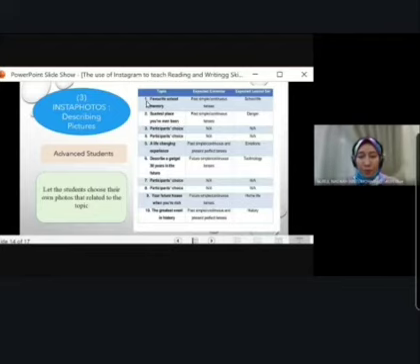For example, topic one, favorite school memory. They need to choose their own photos related to favorite school memories. The expected grammar is either past simple or past continuous tense, and the expected lexical set is school life.